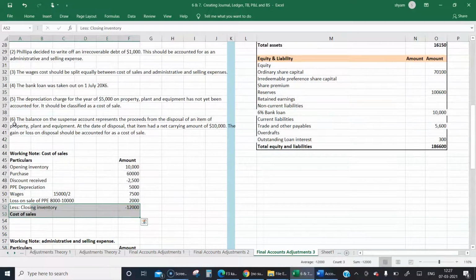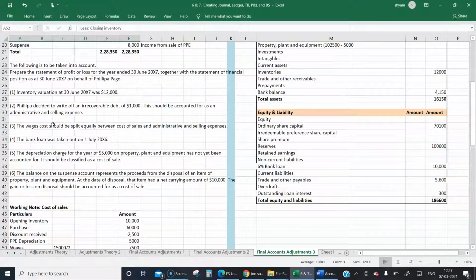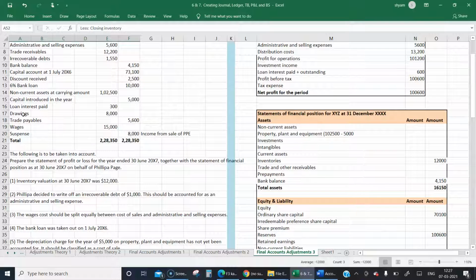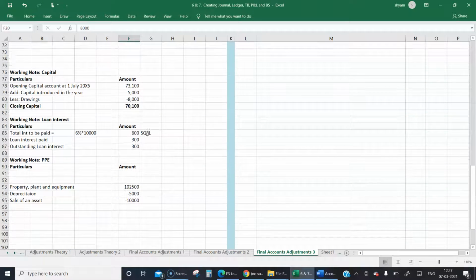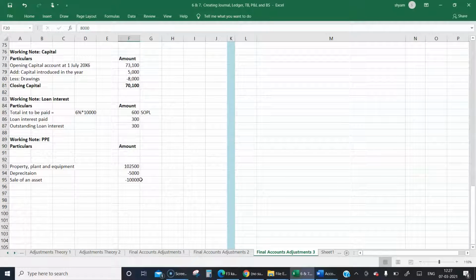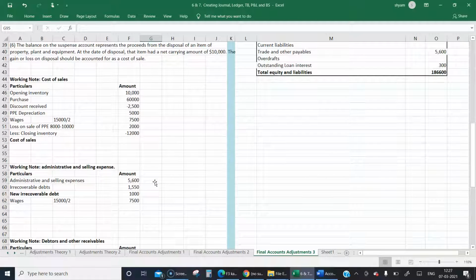We just have to check whether there's any other remaining adjustment. So suspense is removed. We have taken 8,000 out of the suspense, because that 8,000 was adjusting and we didn't know what to do, but now we got an idea. 10,000 worth of asset has been moved, so that is a credit, and 2,000 of it was a loss, so loss is a debit.